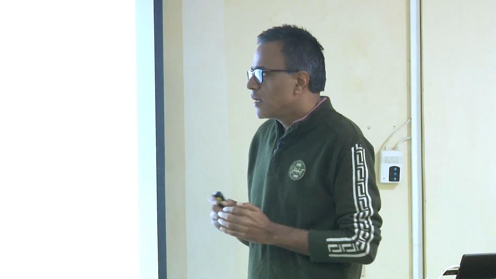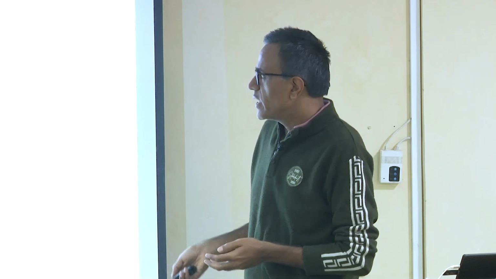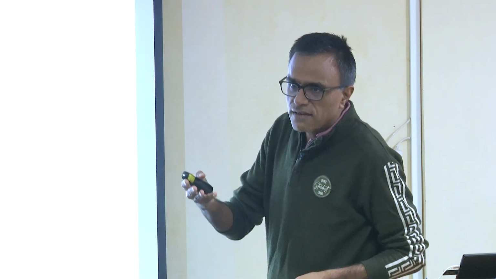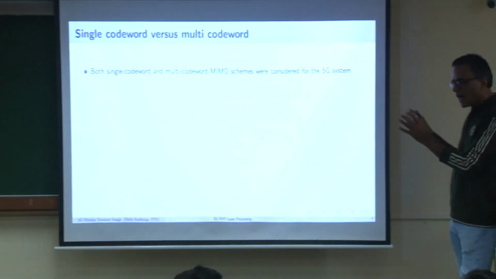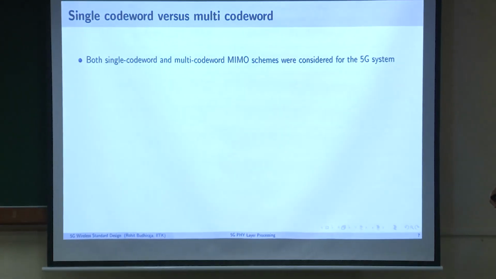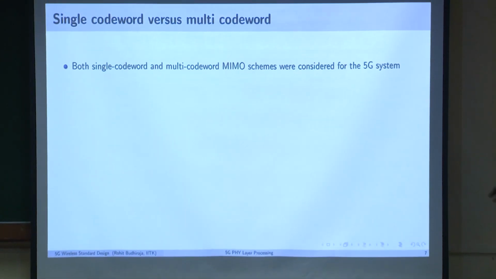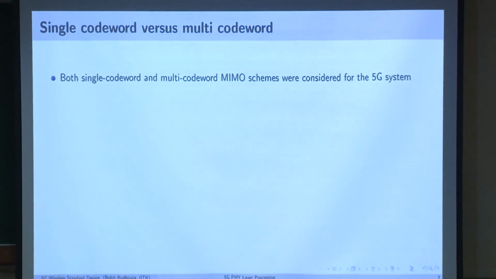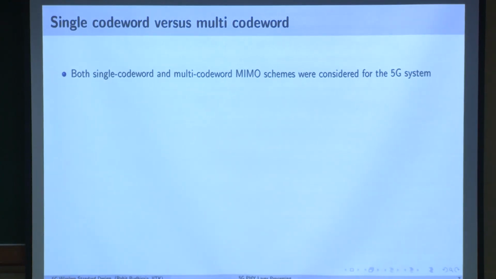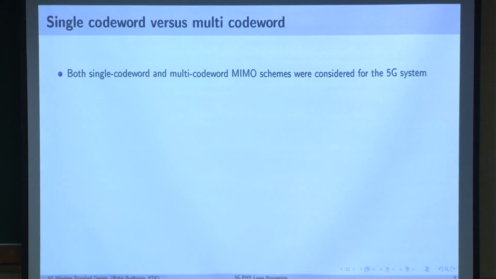Now, what is happening here? This is the history, the discussion which went on. This will answer most of the questions we have in mind. Why different kinds of architecture? Why is the architecture in the standard implemented the way it is? When these architectures were being debated, they were debated with 4G also.